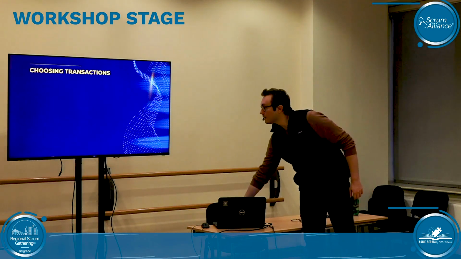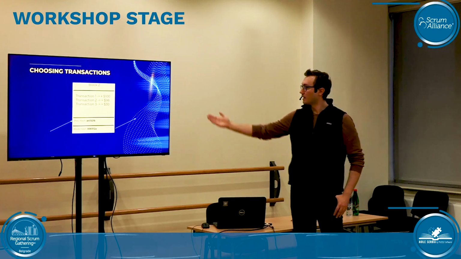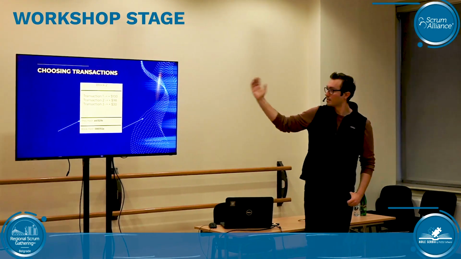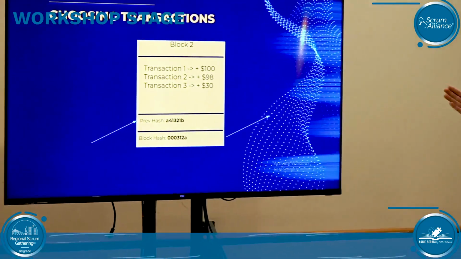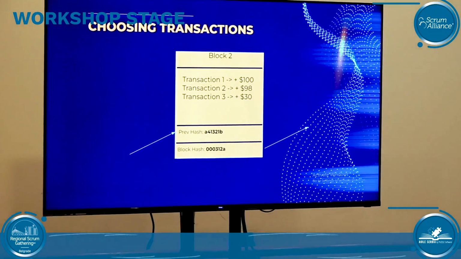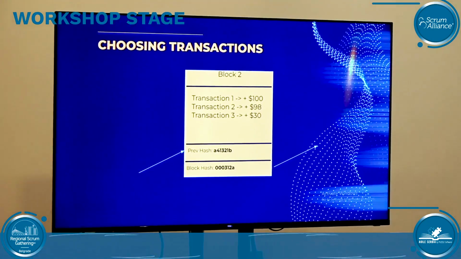So now, like I just demonstrated here, let's say here I just choose the top 3 transactions. I'm going to put that in the block and try to choose that nonce. I didn't have it here. I'm trying to choose that nonce that's going to generate this hash, and that's it.